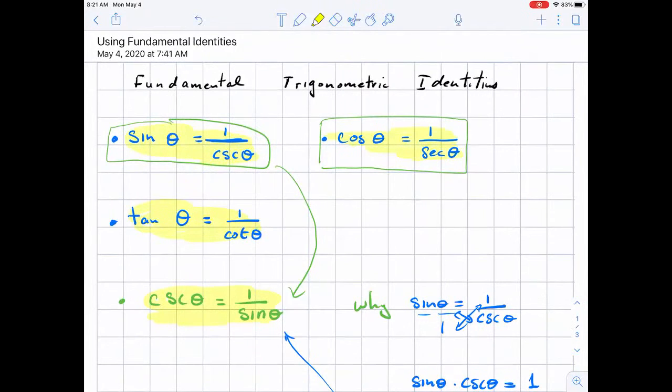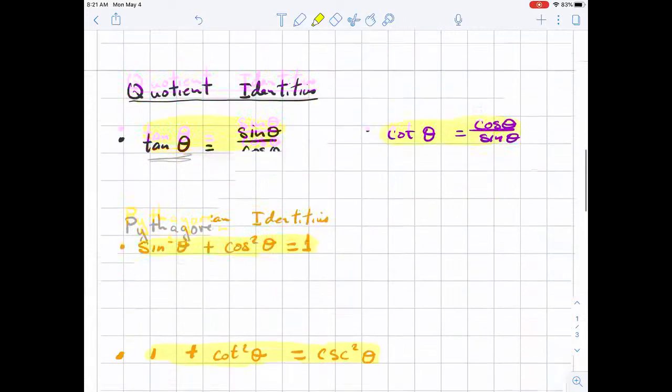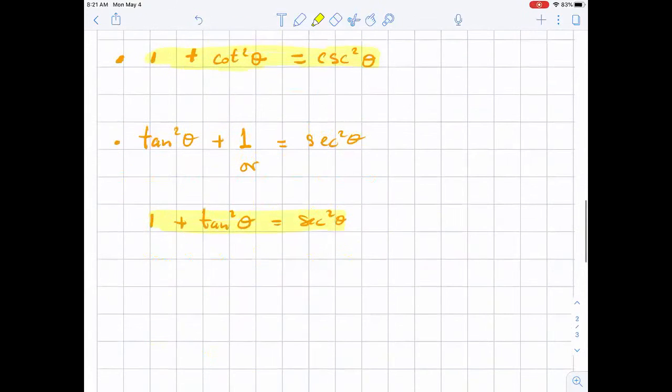So there's a few more, but those are the 11 ones that we use a lot, more than any others for what we're doing.